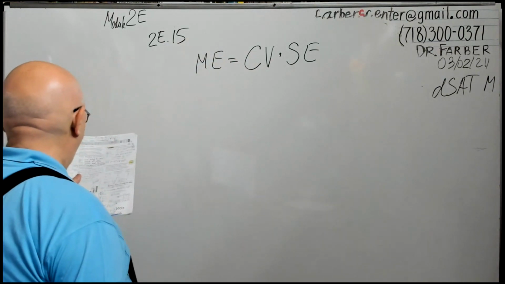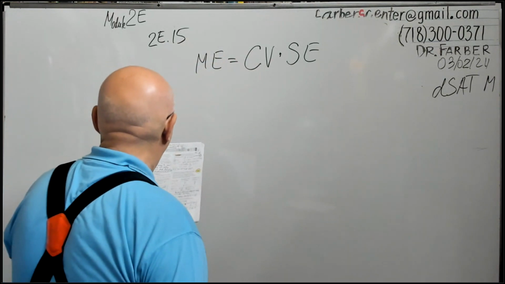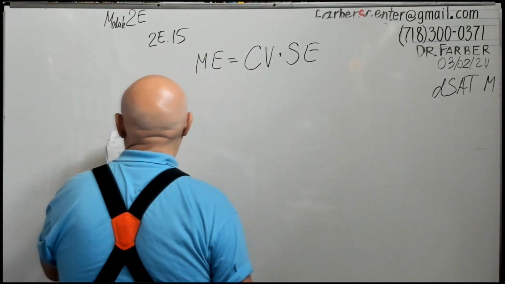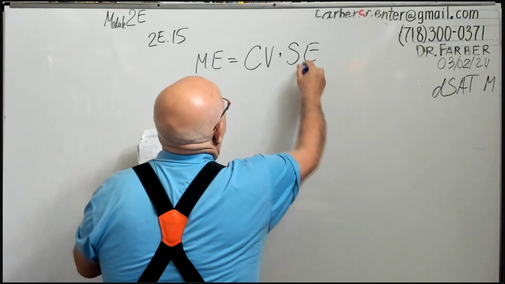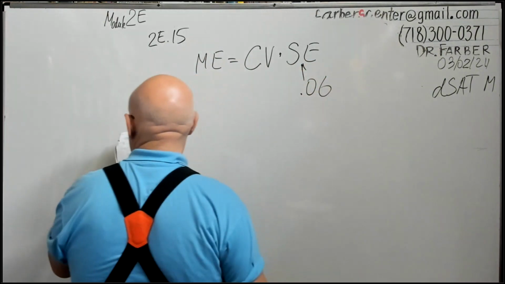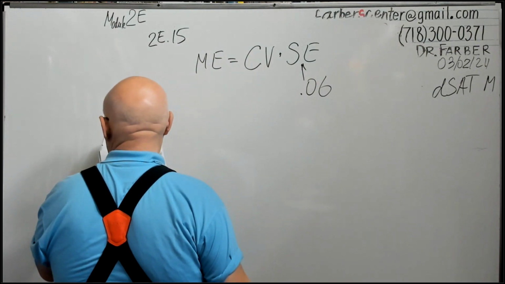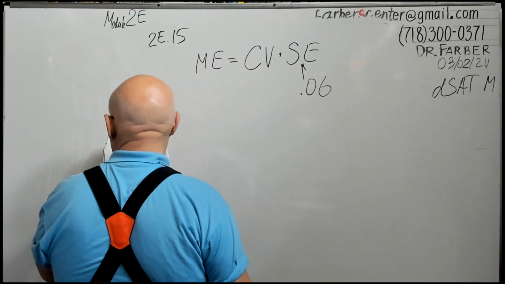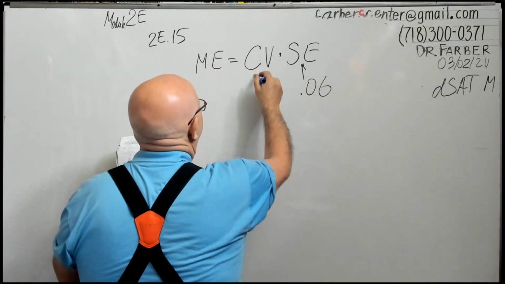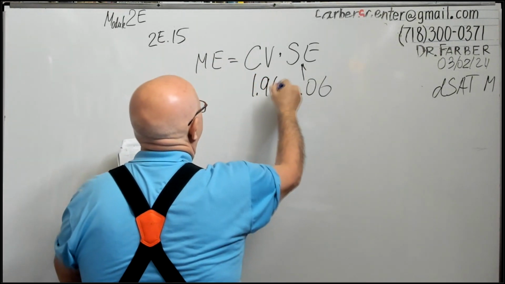Look at this, what we have. They ask you to find this margin of error, right? This is 0.06. And this is given, what is it? The confidence level value is 1.96. Just multiply these two numbers.